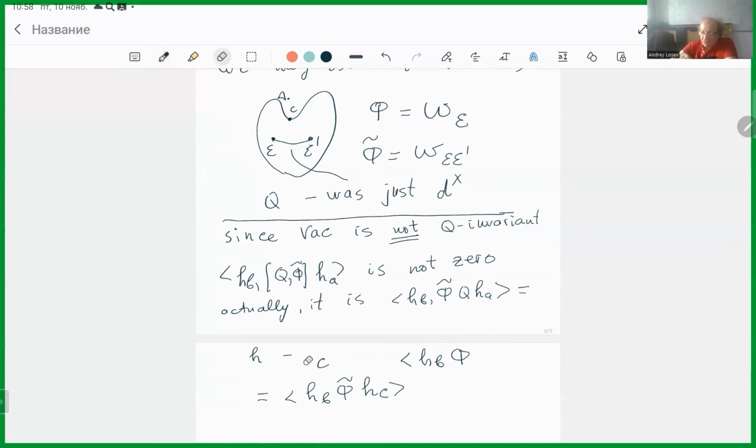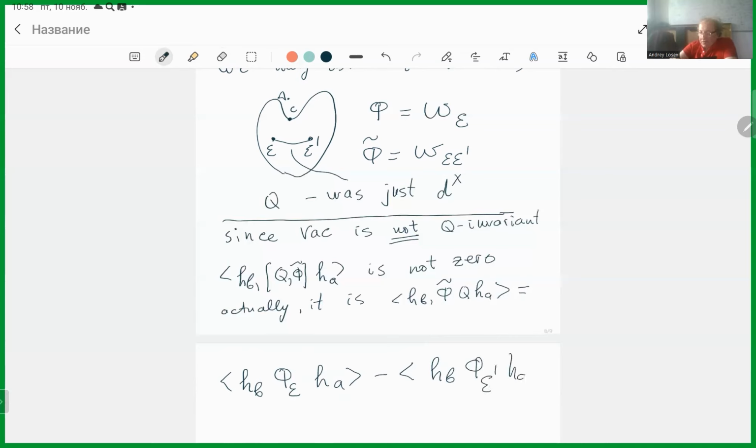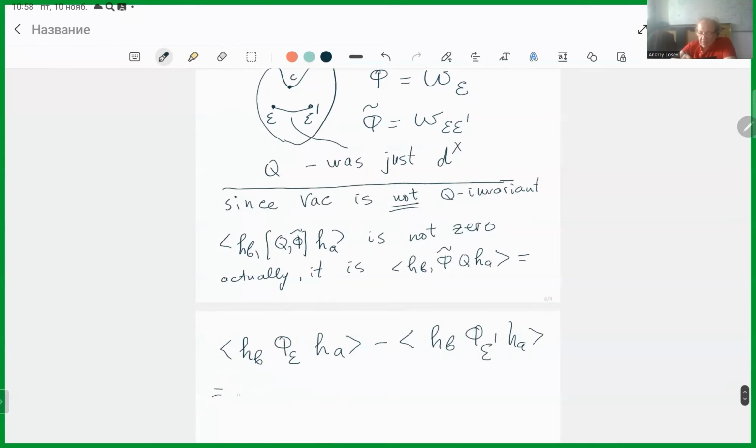Okay. Maybe I should draw it a bit different, a bit more explicit. I call it phi E minus phi E prime. How do I compute it?